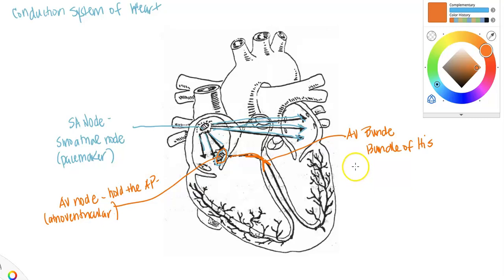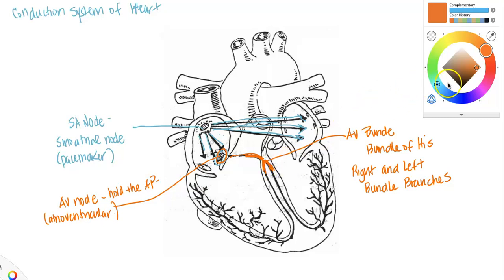And once the action potential gets to the bundle, it will split into right and left bundle branches. So that's here and here.